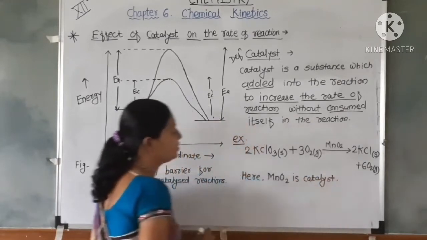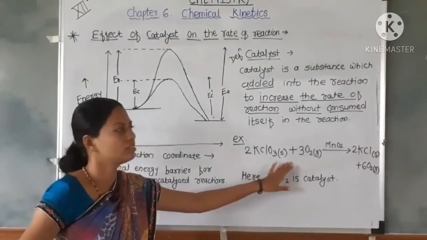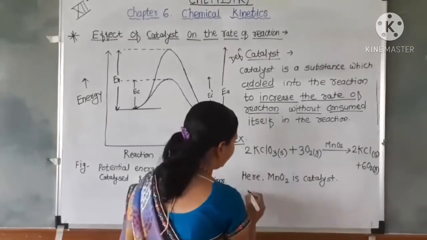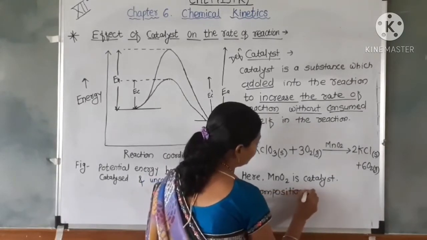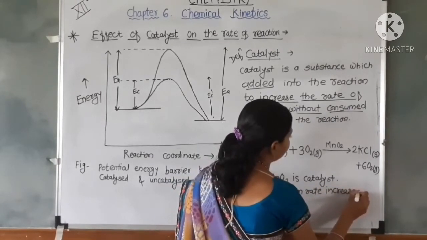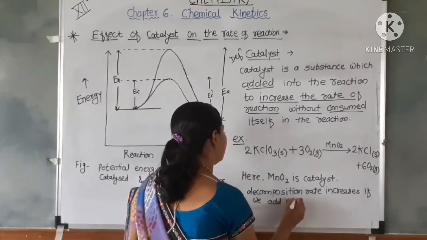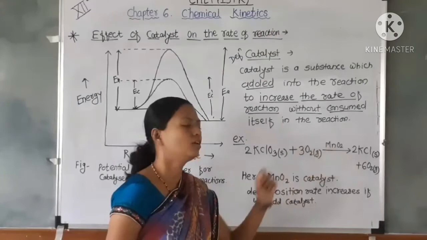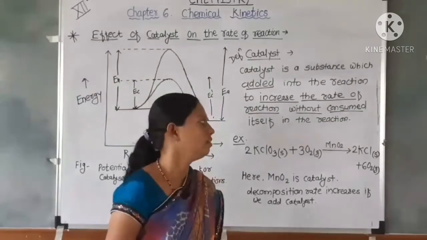It is added to the chemical reaction to increase the rate of reaction. The decomposition rate increases with the addition of the catalyst, because the catalyst provides an alternative pathway for the reaction with a lower activation energy.